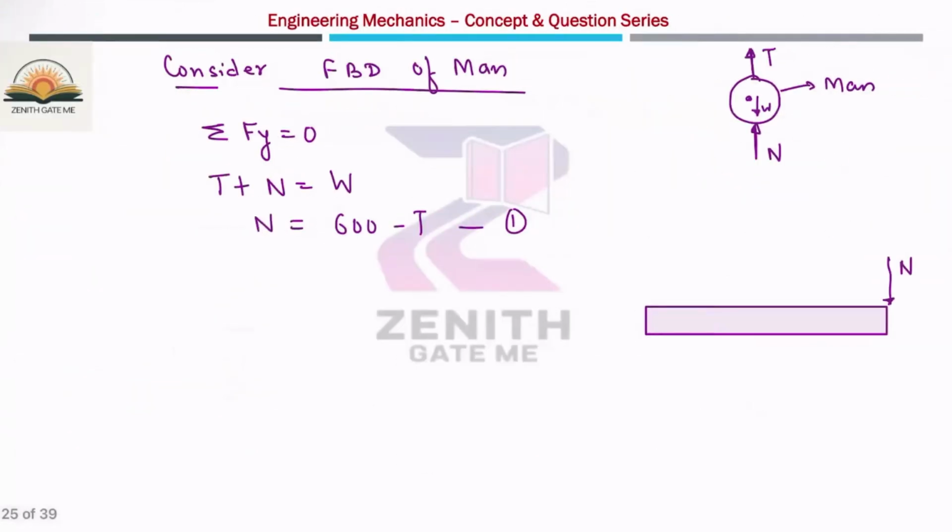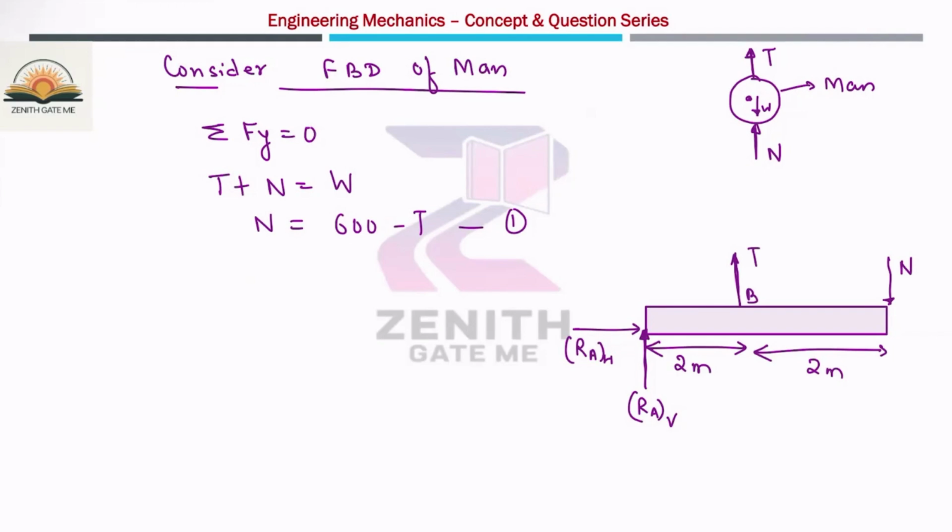So let me first write down the reactions acting at this point: RAV, this is RA horizontal, and another force which is the tension at point B. This distance is given as 2 meter, and this is also 2 meter.